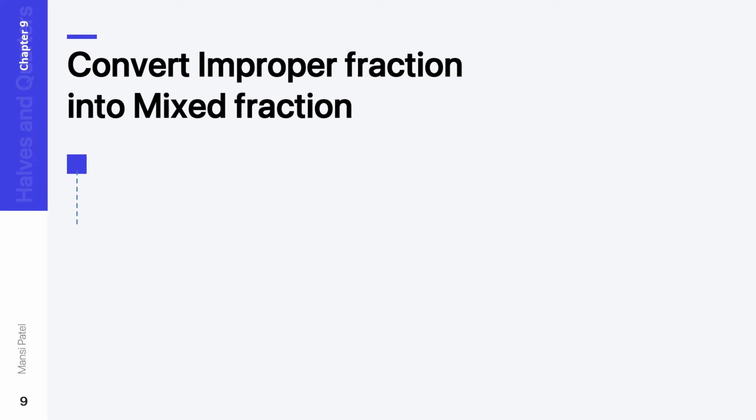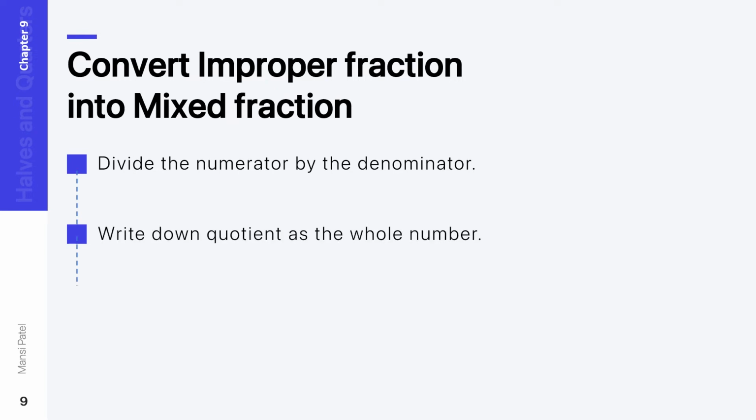So first step, divide the numerator by the denominator. The first step is simply to do the division of numerator divided by denominator. After that, whatever your quotient is, you write down in the place of the whole number.